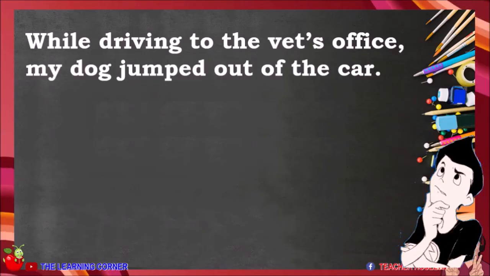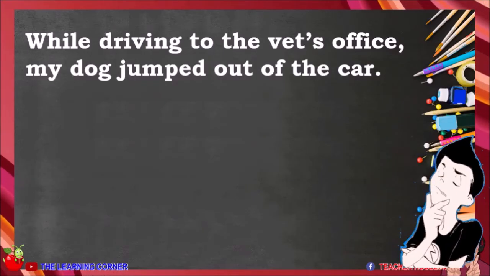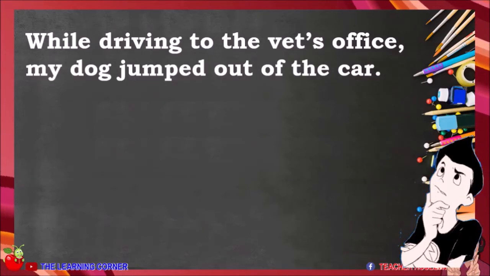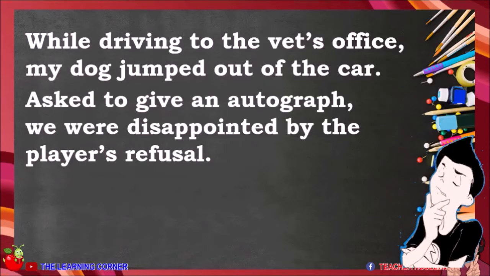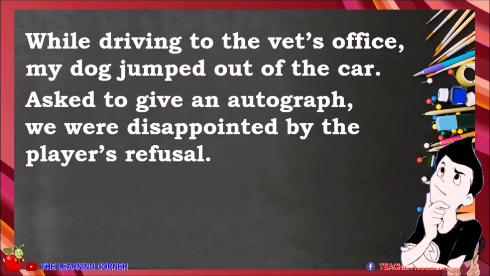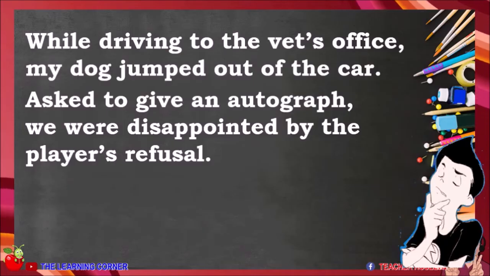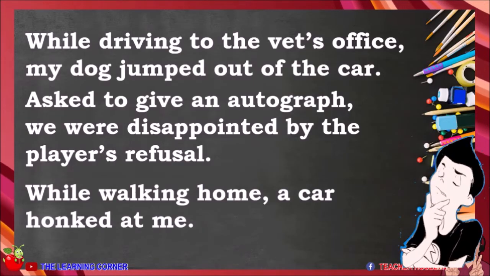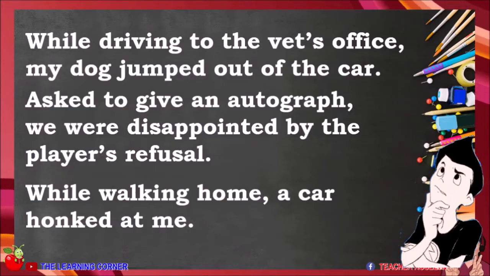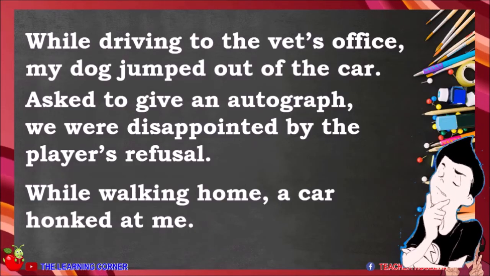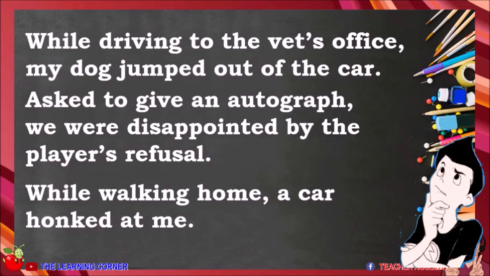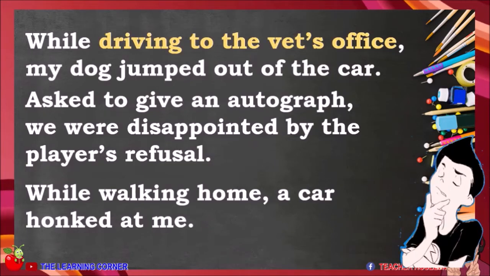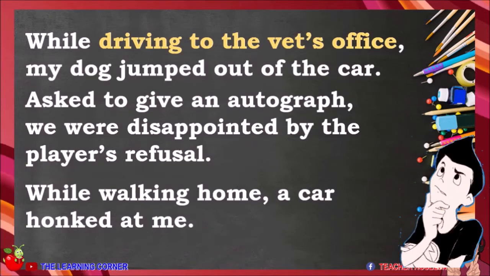This time, let us observe the following sentences. While driving to the vet's office, my dog jumped out of the car. Asked to give an autograph, we were disappointed by the player's refusal. While walking home, a car honked at me. In the first sentence, the modifier is driving to the vet's office.